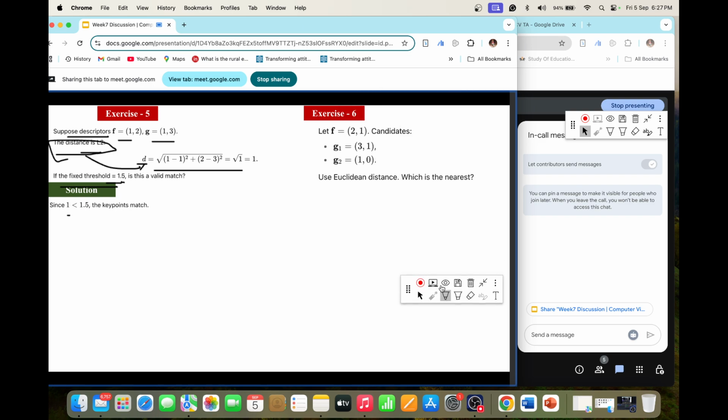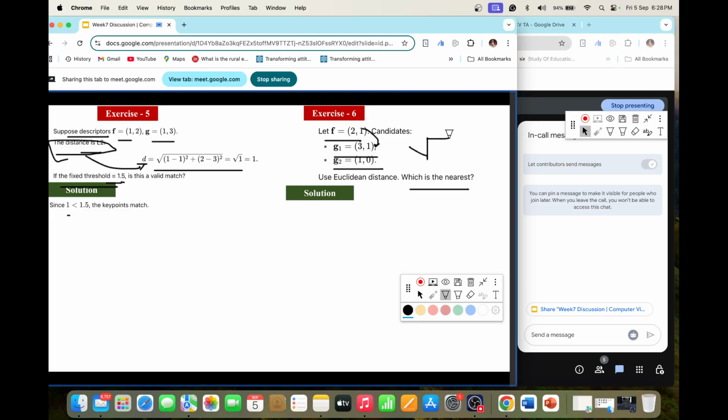Then exercise 6: this is f, and we have two candidates g1 and g2. Which is the nearest? Use Euclidean distance to find out. Very easy, you just calculate the Euclidean distance. What is Euclidean distance?